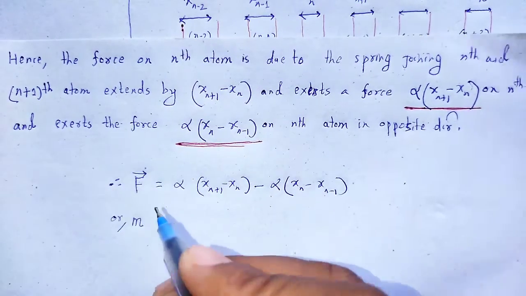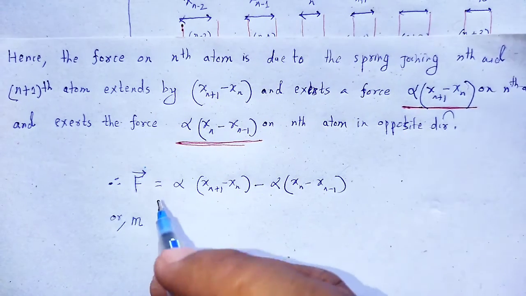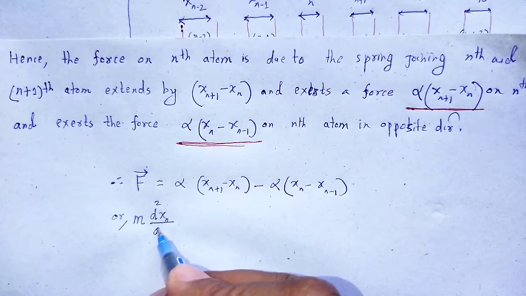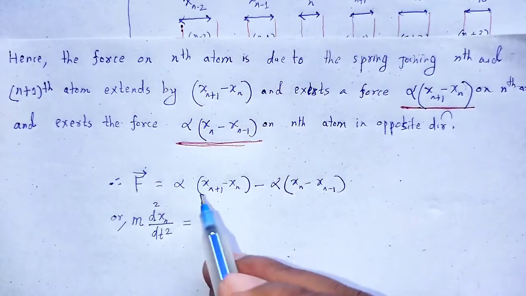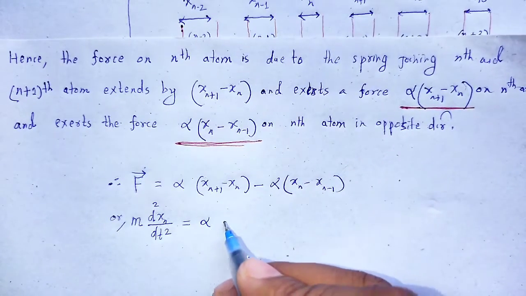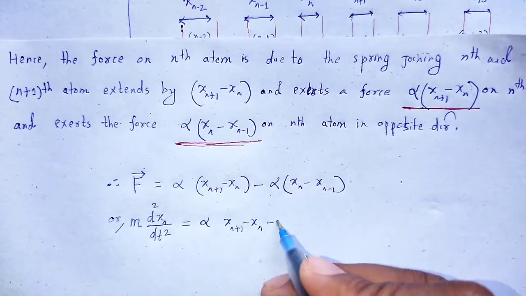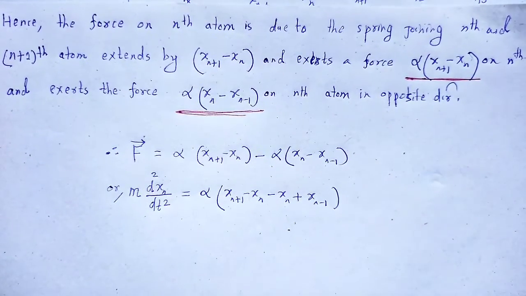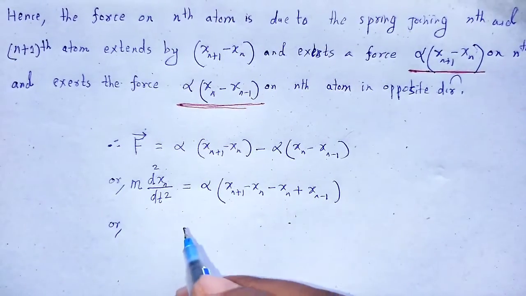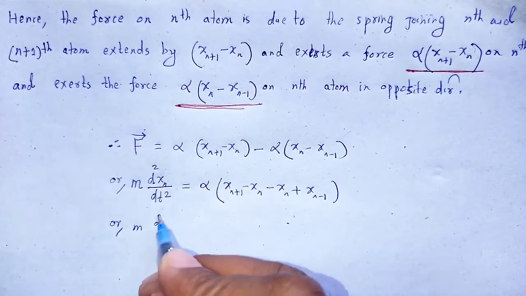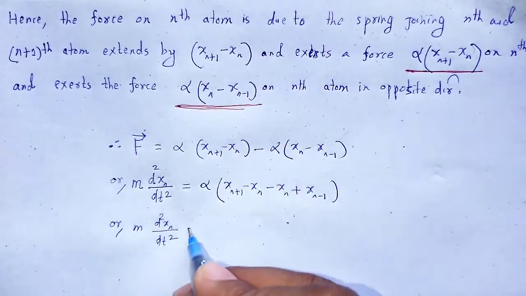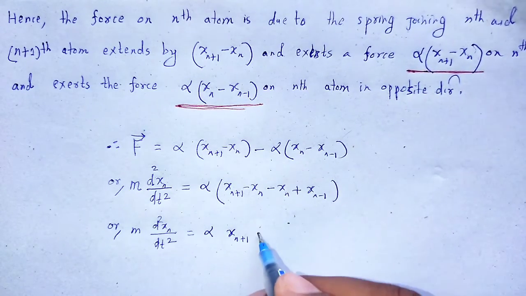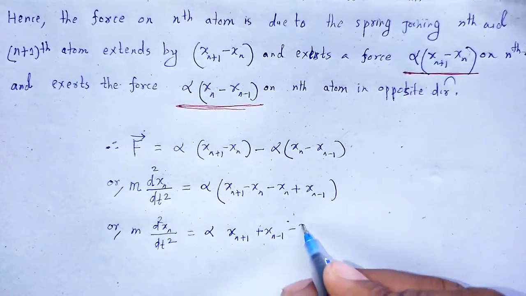So, with mass of the atom m and acceleration being the second order differentiation of the displacement, m d square xn by dt square is equal to, taking alpha as common, alpha times x n plus 1 minus xn plus x n minus 1 minus xn, or m d2 xn by dt square is equal to alpha times x n plus 1 plus x n minus 1 minus 2 xn.